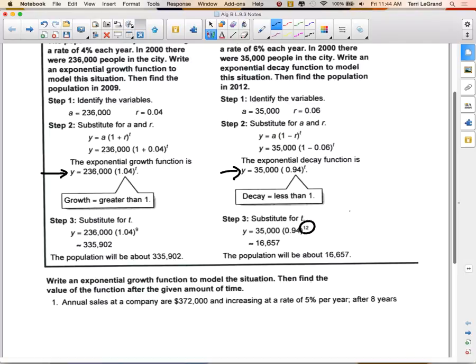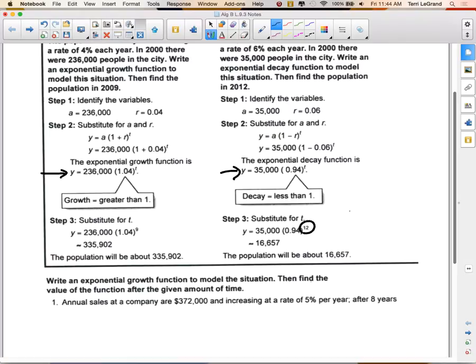In the first situation, the population started at 236,000. That's not going to change. It's increasing at a rate of 4% per year, so that 1.04 is not going to change. But now, you can figure out what the population will be given what year you want to find it out for. So when somebody says, okay, tell me what the population is going to be in 2020, you could do it.